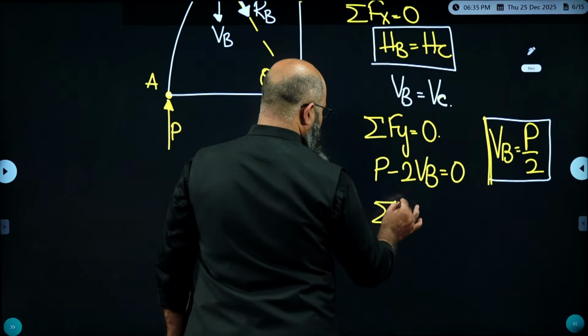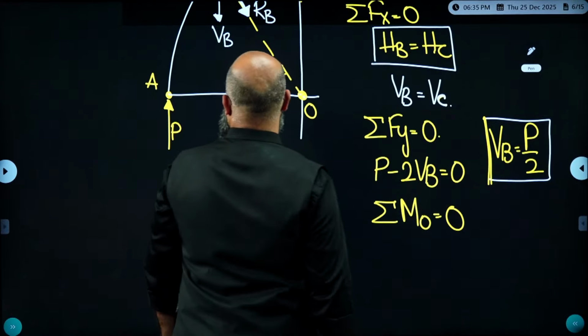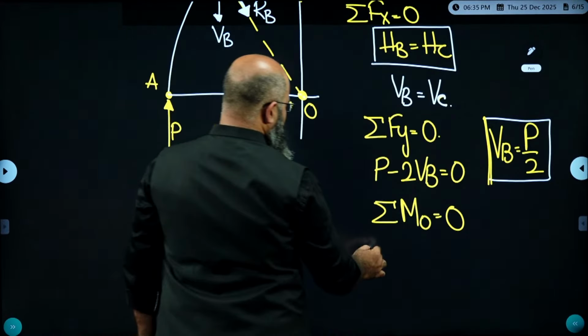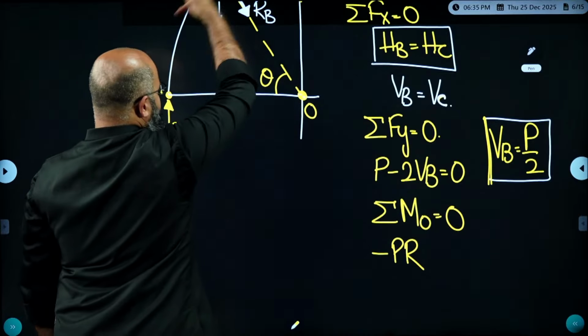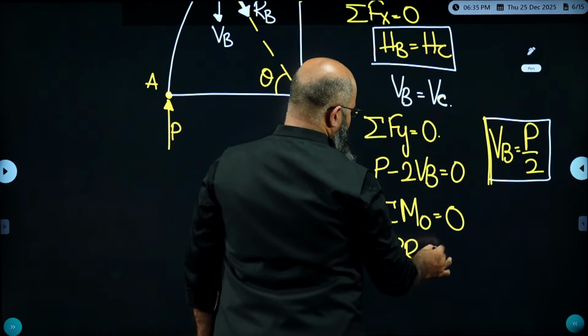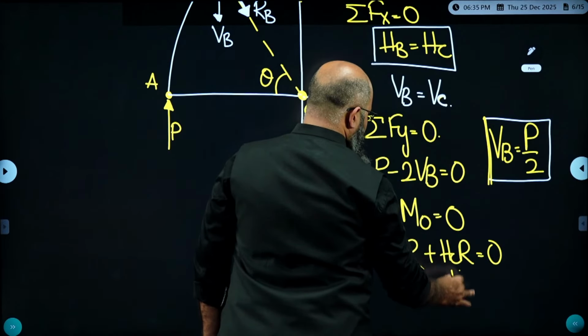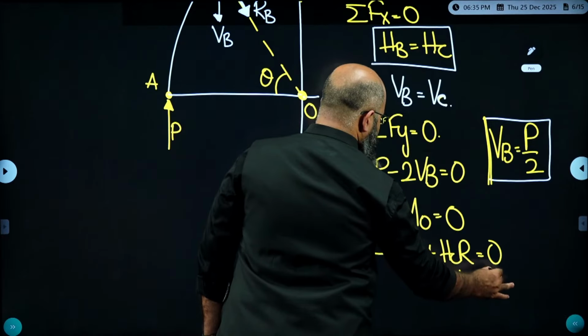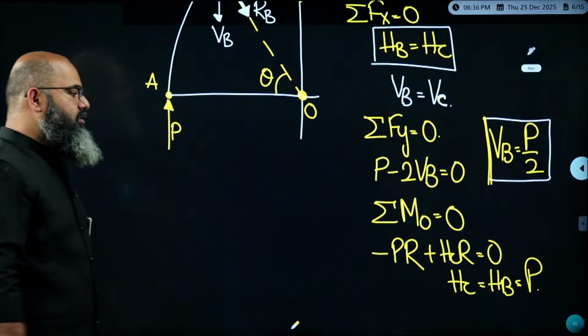Summation of moment about point O is equal to 0. P is creating clockwise moment, so minus P times radius. HC was creating anti-clockwise moment, so plus HC times radius must be equal to 0. From here you get HC is equal to HB is equal to P.